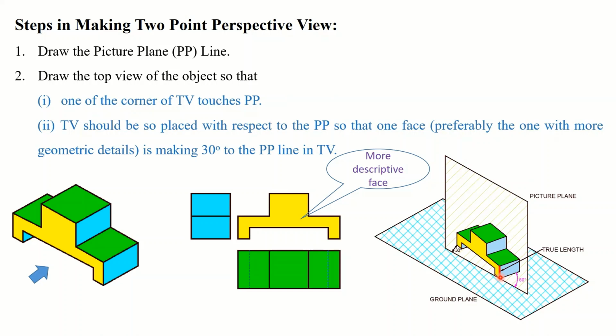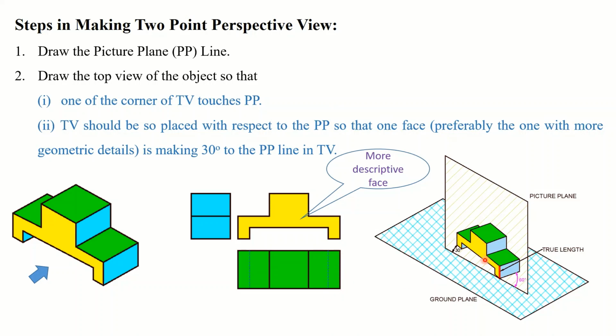And the object is now so placed that this yellow colored face, the more descriptive one, is going to make an angle of 30 degrees with the picture plane, and the other face will be making 60 degrees because the included angle here is 90 degrees. So if this face makes 30 degrees with the picture plane, this is another 90 degrees, so this edge will obviously make 60 degrees.